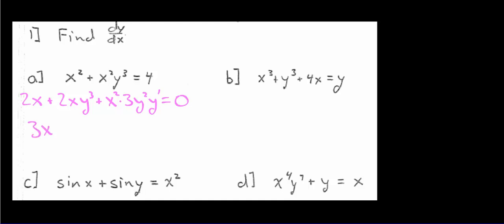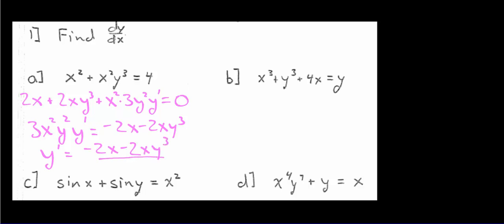I've got 3x squared y prime equals negative 2x minus 2xy cubed. Just bring all that to the other side. And then I divide. I just solve for y prime. Negative 2x minus 2xy cubed over 3x squared y squared.